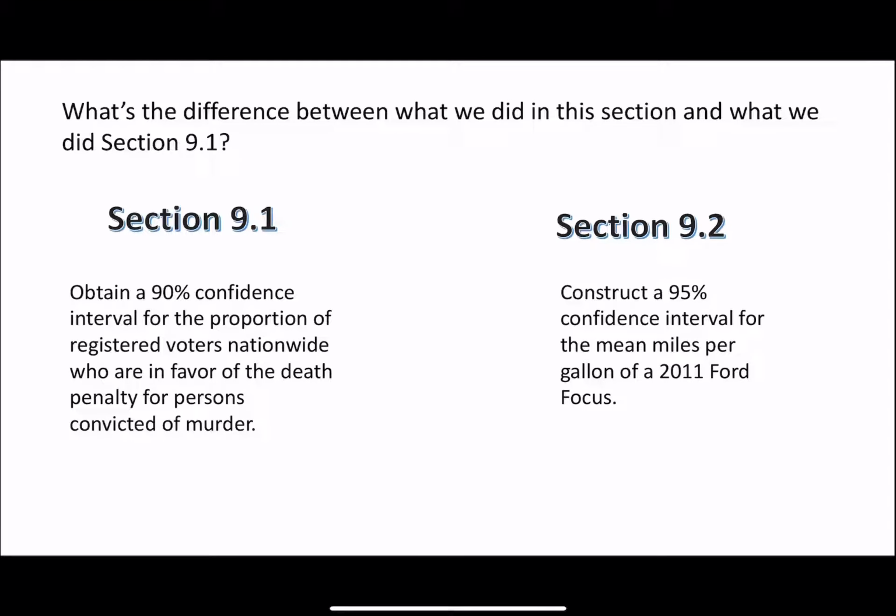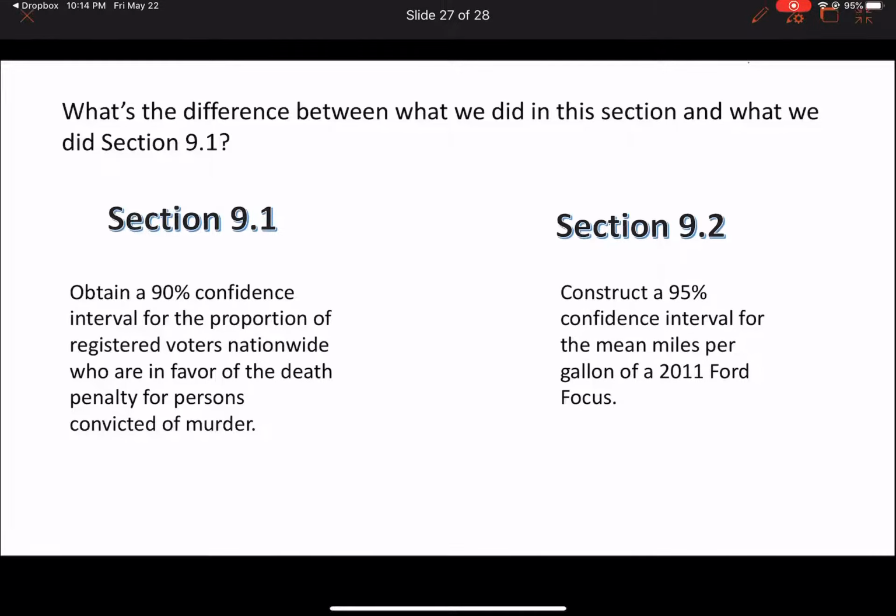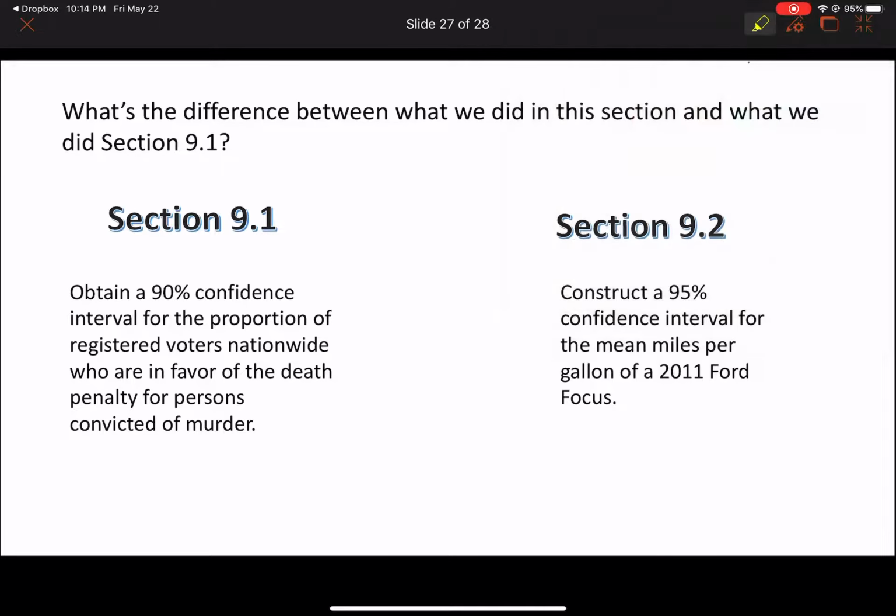The difference between what we did in this section and what we did in section 9.1. Here are a couple of words that will help us. In 9.1, we obtained a 90% confidence interval for the proportion of registered voters nationwide who are in favor of the death penalty for persons convicted of murder.